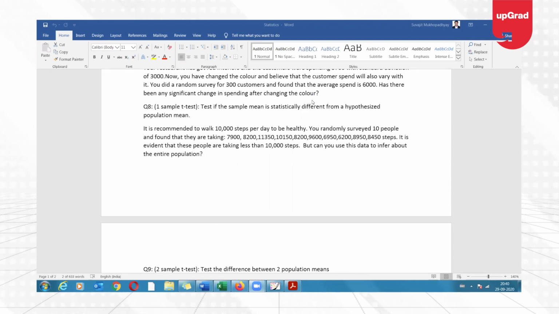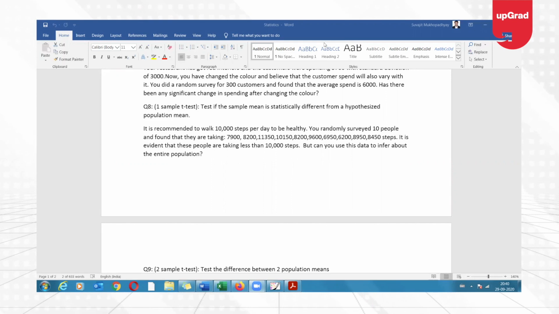I can collect that data and then infer the same about the entire population. It's actually simple. Why do statisticians take so much pain in gathering so much data? It's just 10 people whom we need to talk to, and we know more than 10 people, right? That might be coming to your mind.